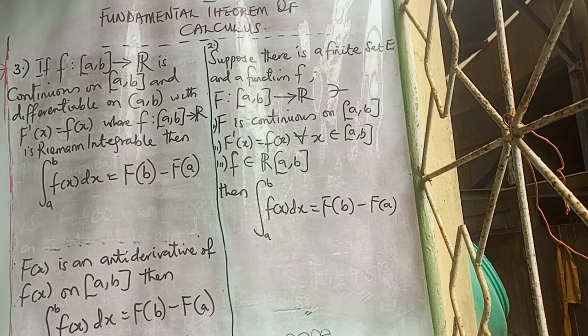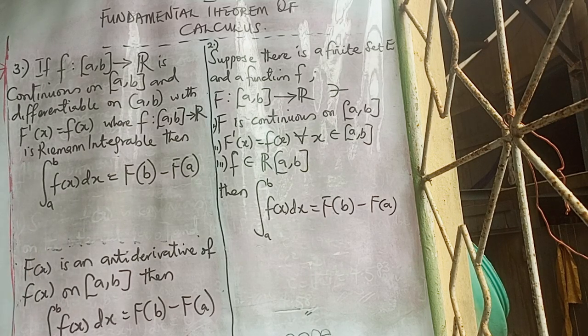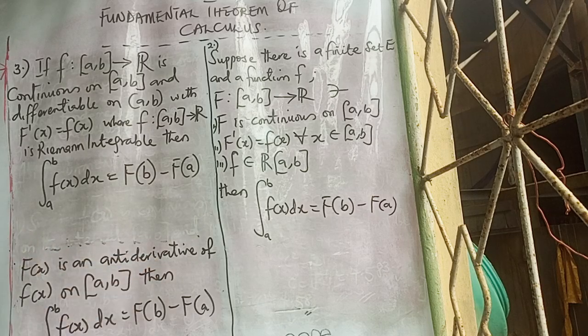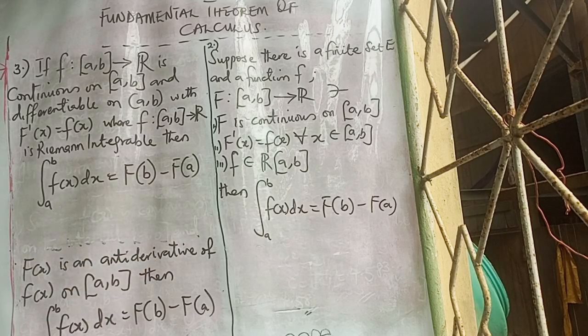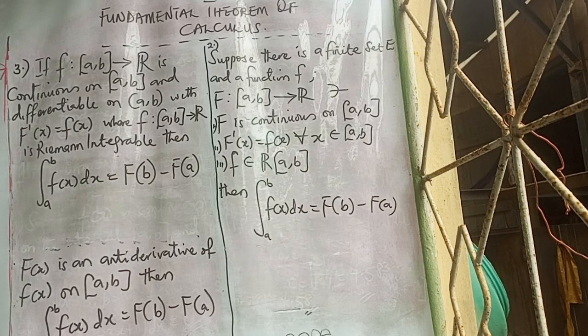Remember, we have said that capital F of x is the antiderivative of our function f of x. Those are the three ways in which we can state the first fundamental theorem of calculus.